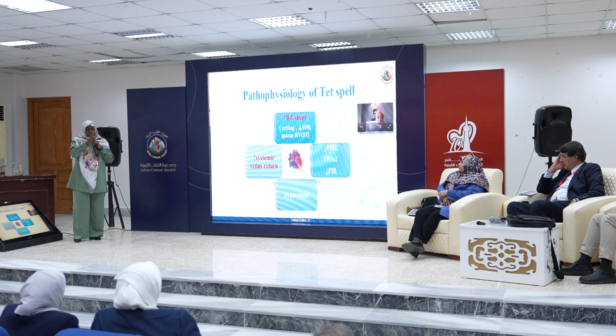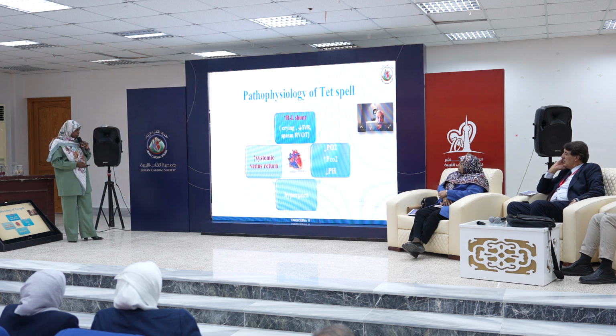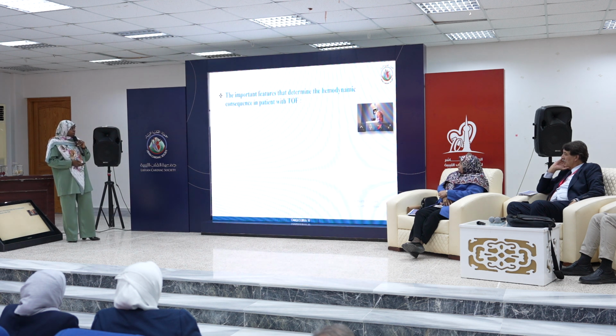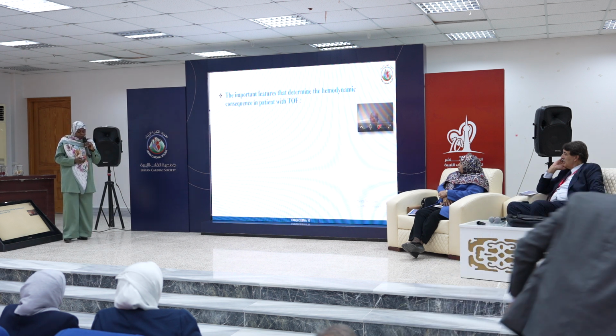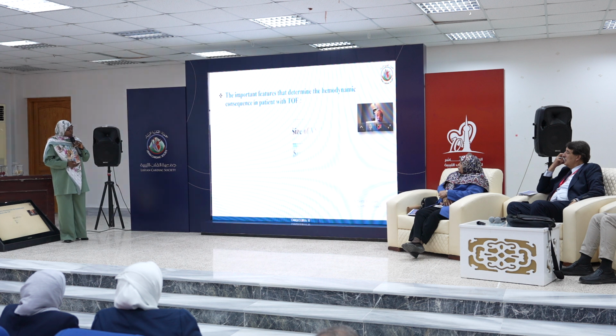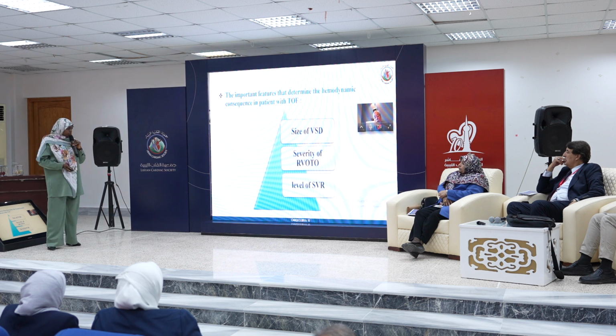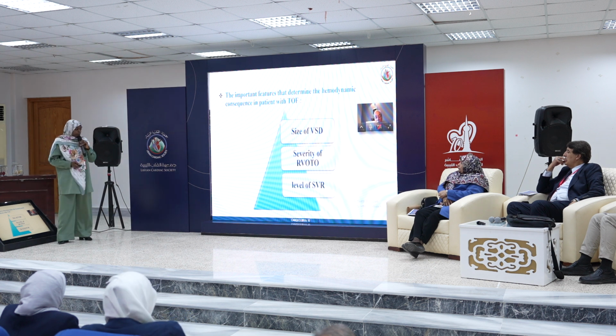That's why your right to left shunt is increased. The important features to determine the hemodynamic consequence of tetralogy of Fallot are the size of the VSD, the severity of right ventricular outflow tract obstruction, and the level of systemic vascular resistance.